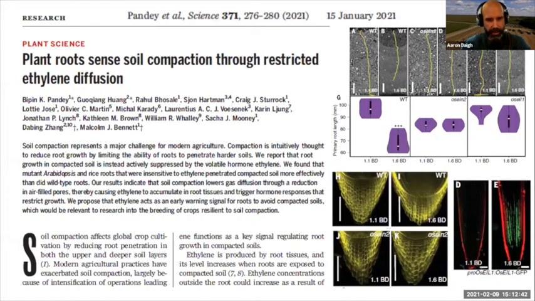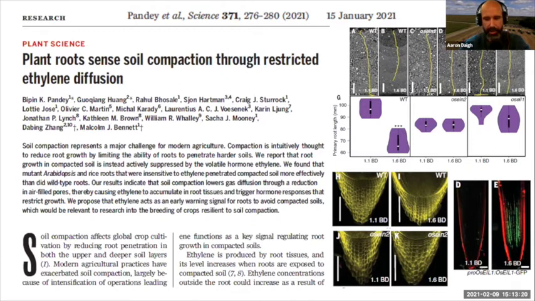And something just to keep on the radar, this was an awesome paper that came out just last week. Basically, this has implications for plant breeding in the future. One of the mechanisms that's been discovered for why roots don't go into a compacted layer is not only the mechanical resistance, but that when roots build up ethylene, the volatile hormone, if it can't gas off because it's compacted around it and it accumulates in that root, it will signal the root to invest in roots elsewhere and not continue growth in that particular root.